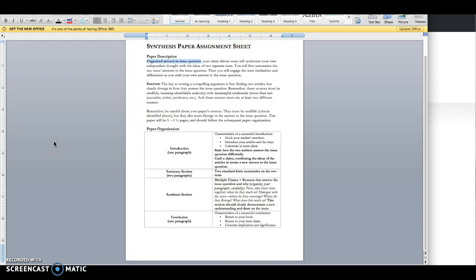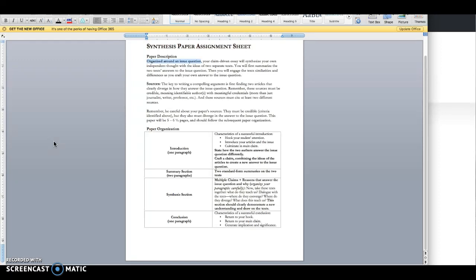And then I'm going to find two sources that answer that question in a different way. So they don't necessarily have to agree with each other. In fact, I think it's better if they don't, if they're just two different perspectives. So maybe one article is all about the benefits of socialization, and the other is all about the amount of education.